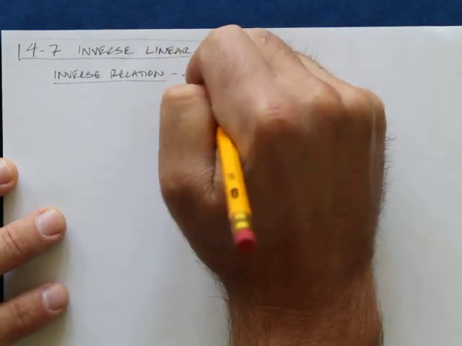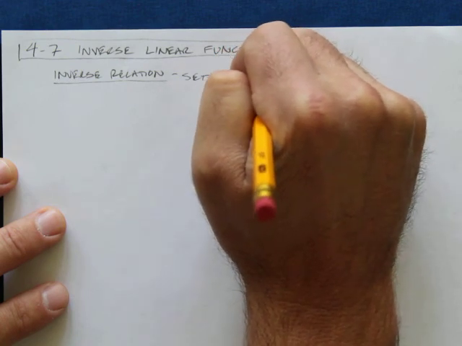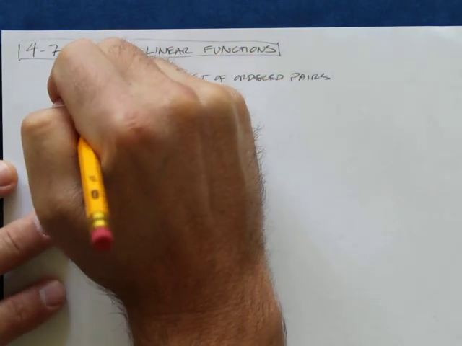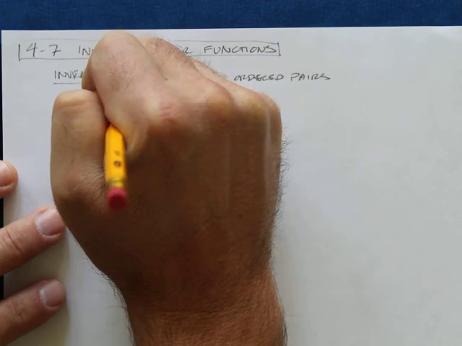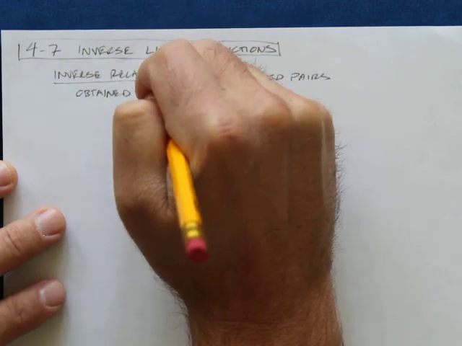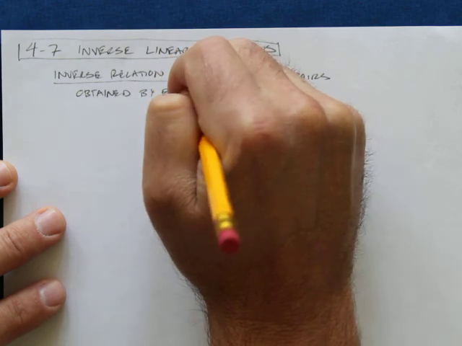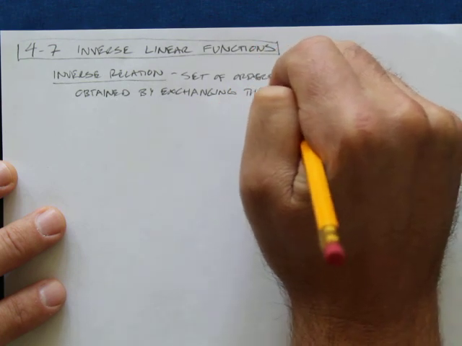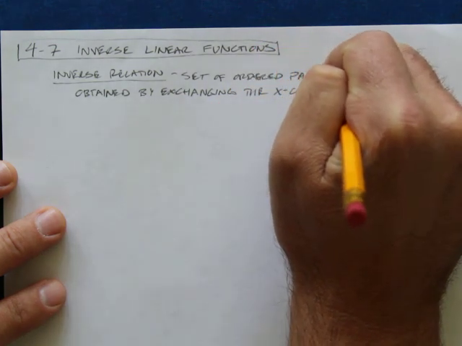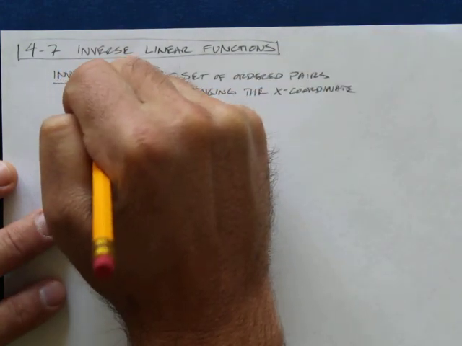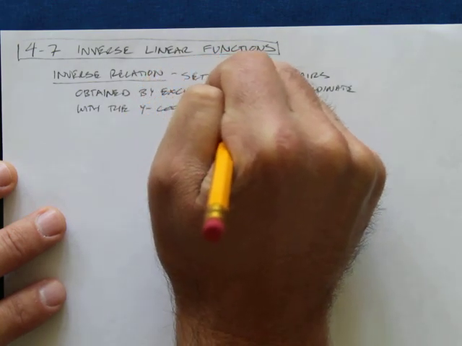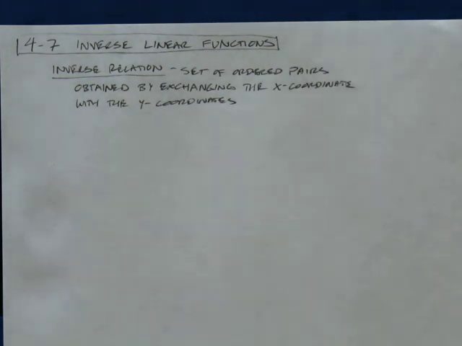So if you have a set of ordered pairs, you obtain these ordered pairs by using other ordered pairs and exchanging their x and y values, or vice versa, same thing.